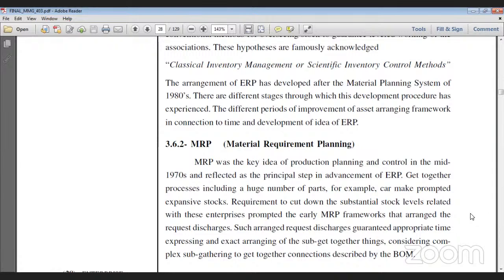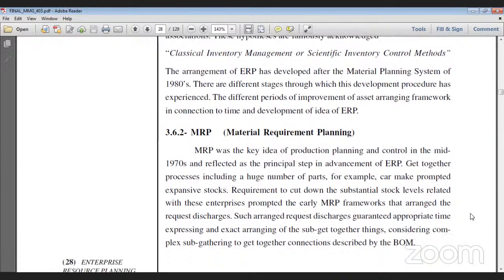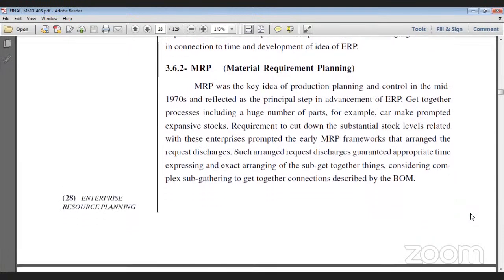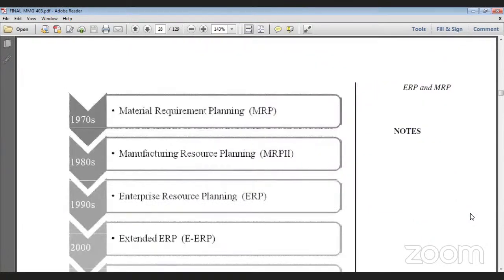Then there are also some points here: the first is MRP, material requirement planning. Second is MRP II, manufacturing resource planning.